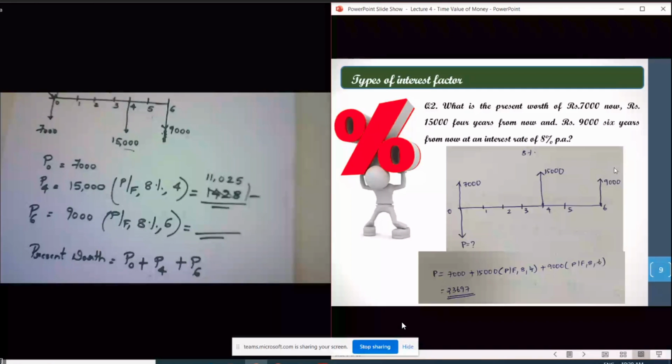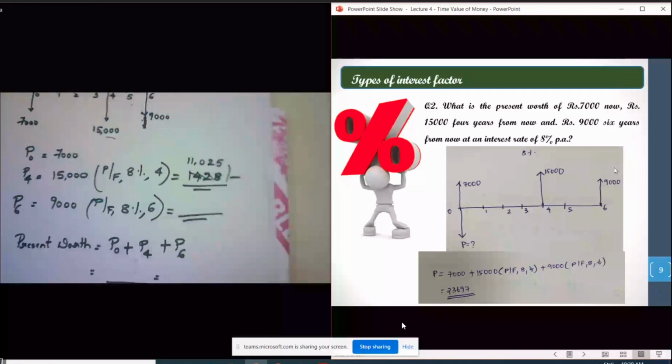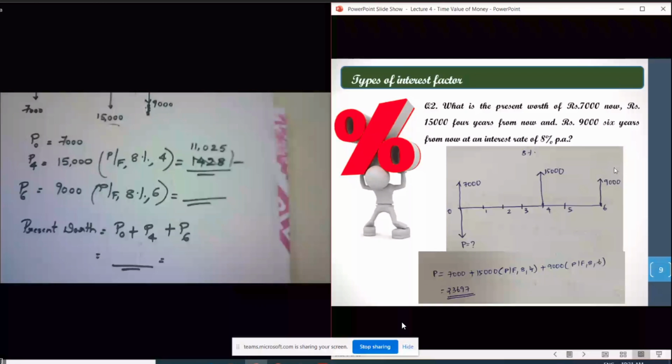Okay, any confusion here? Students, any confusion? No, sir. Okay. So all of you are getting these values, 23,697? Or if you are using formulas, probably the value may change.